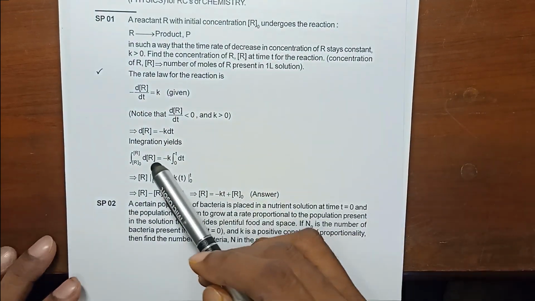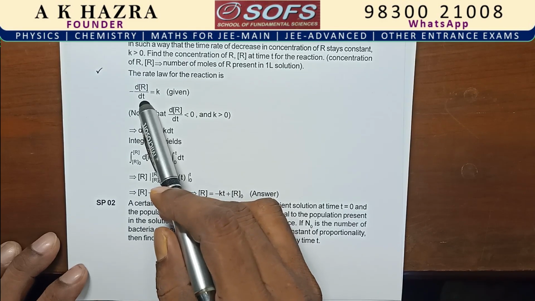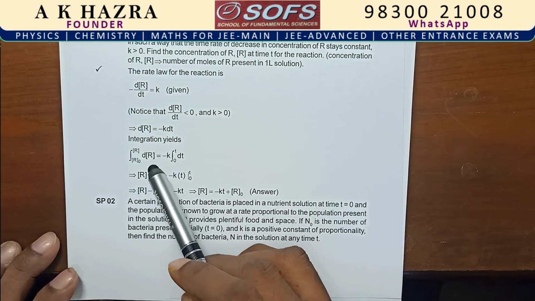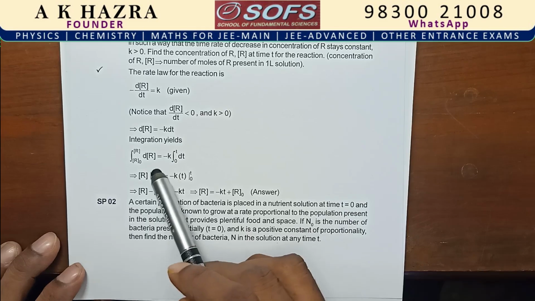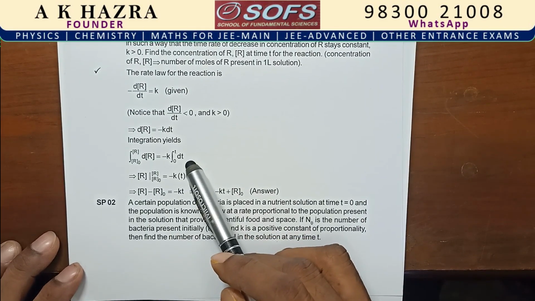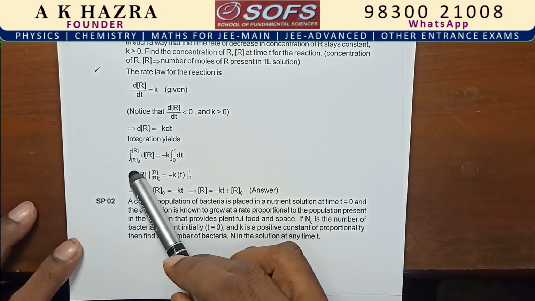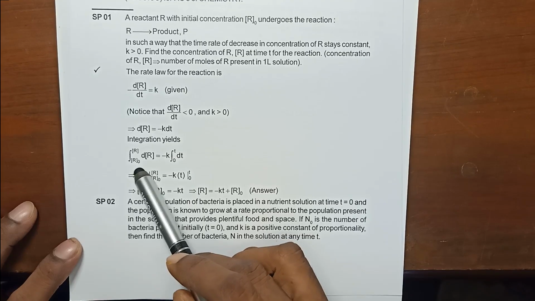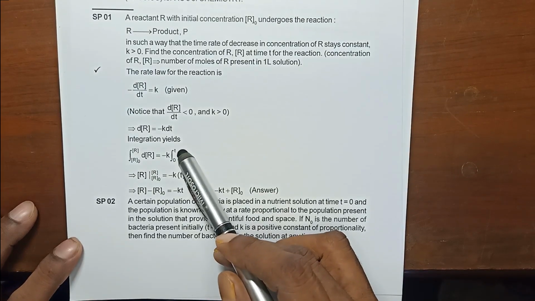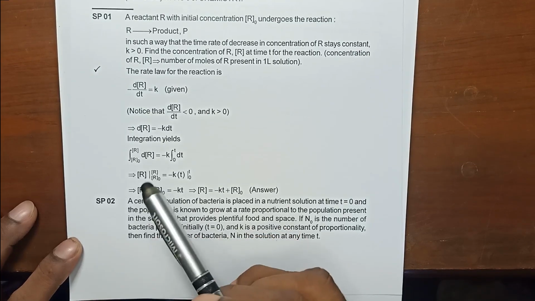Then separate the variables. So d[R] is equal to -K dt. Just transfer dt to the right. Then it is ready for integration. So integrate. Integration of d[R] is equal to -K, constant taken out, integration of dt. Already given, at t equals 0, the initial concentration is [R]₀, and we are going to find at t equals t what the concentration of R is, that is [R].